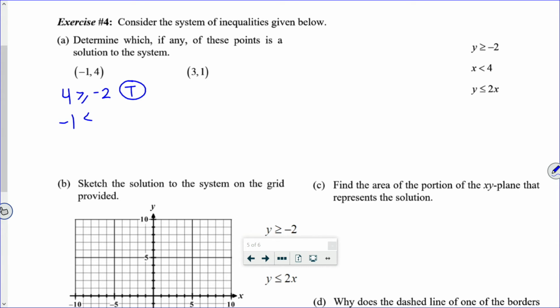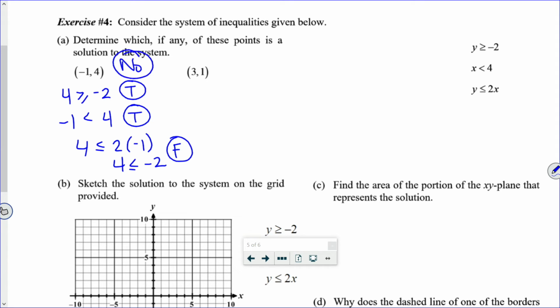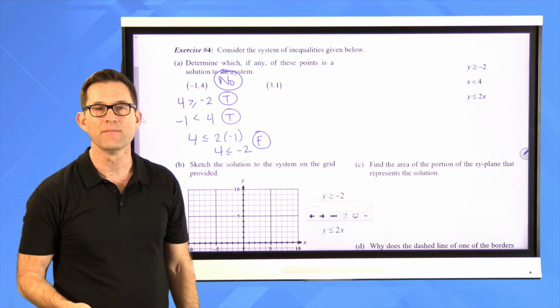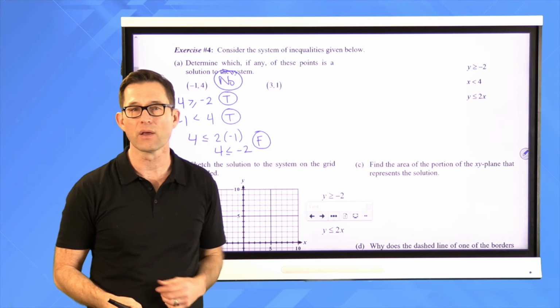Is -1 less than 4? Yeah, that's true. So far so good. And my final one is y is less than or equal to 2 times x. So that's 4 is less than or equal to -2, and that's false. So the answer there is no, right? (-1, 4) is not in the solution set of this system of inequalities.